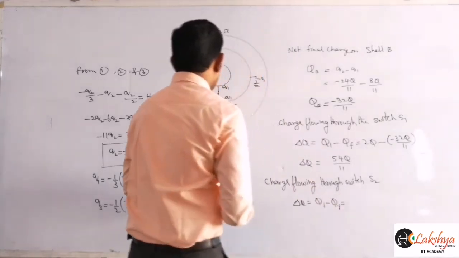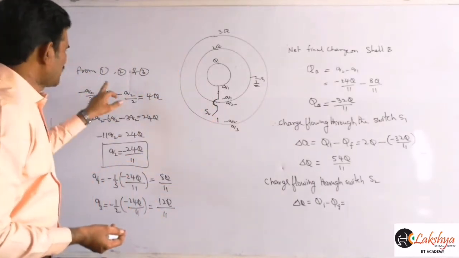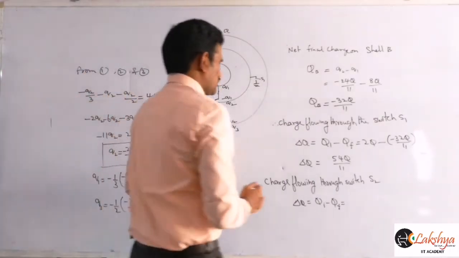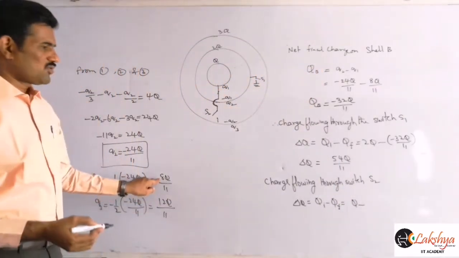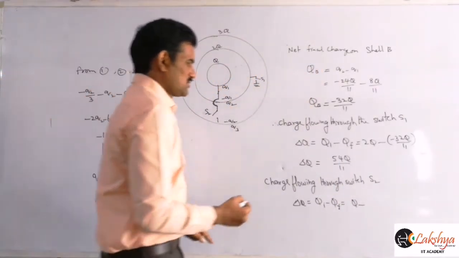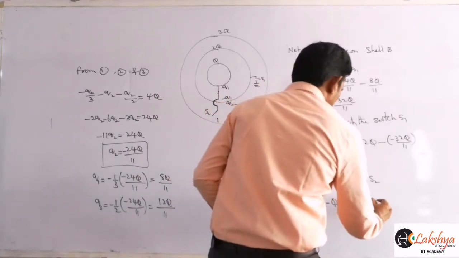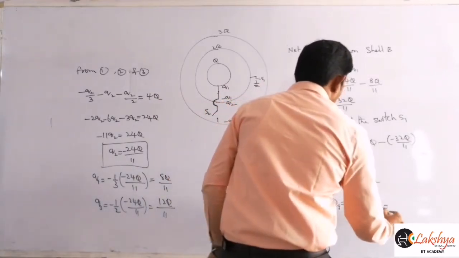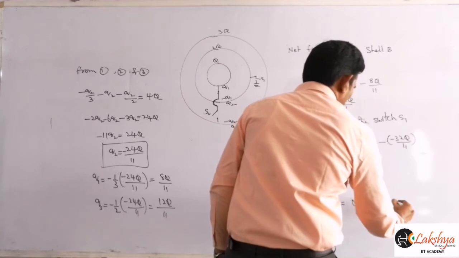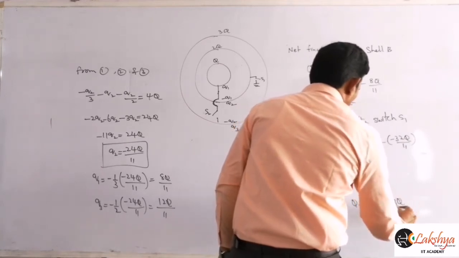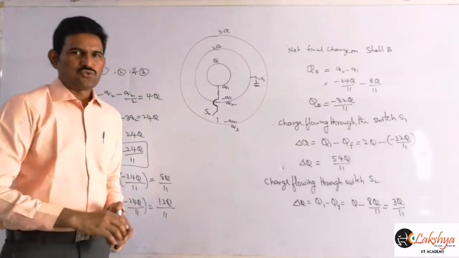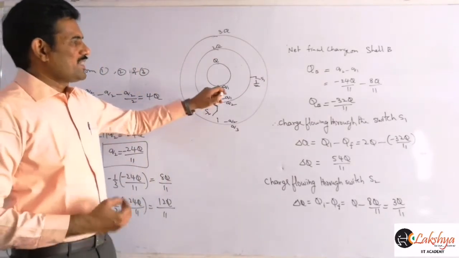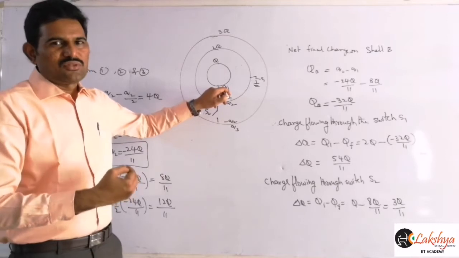Now Q initial is nothing but initially we are taking it as Q, right? The final charge present on that is 8Q by 11. So how much charge is flowing, we can answer this as 3Q by 11. That means 3Q by 11 charge is decreasing on the shell A.